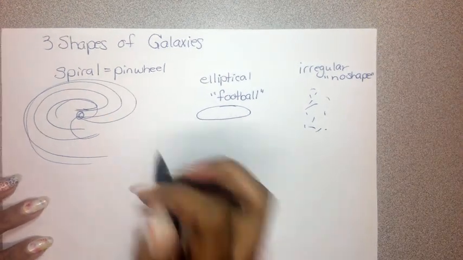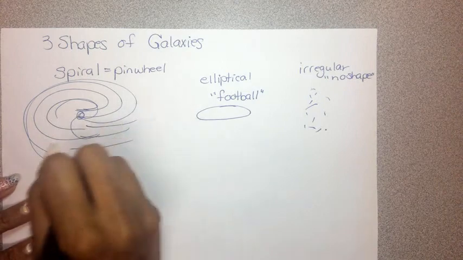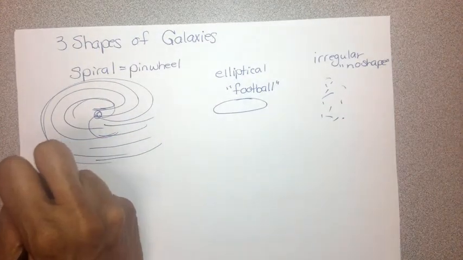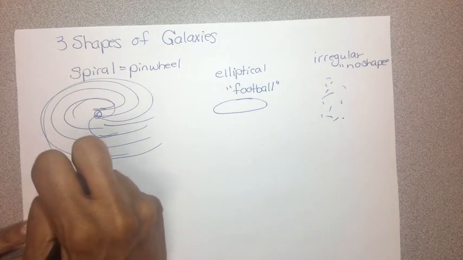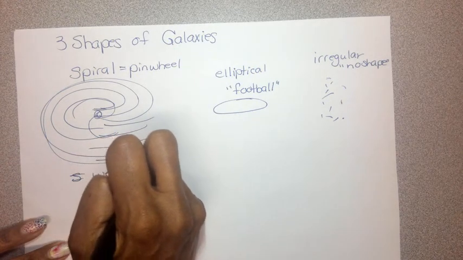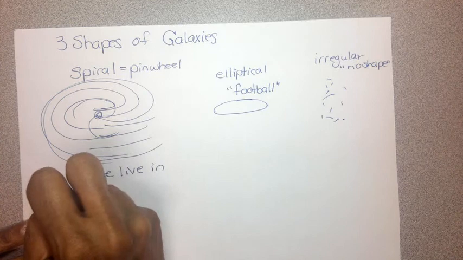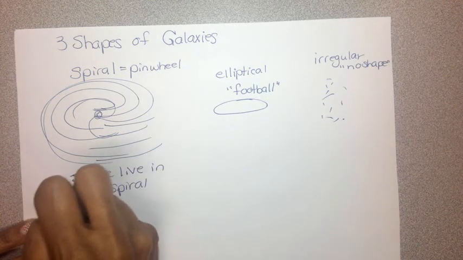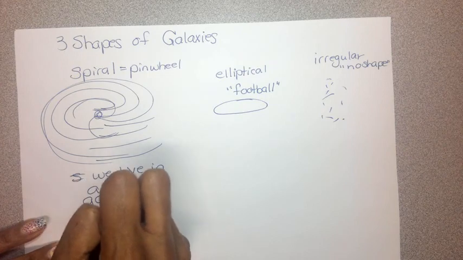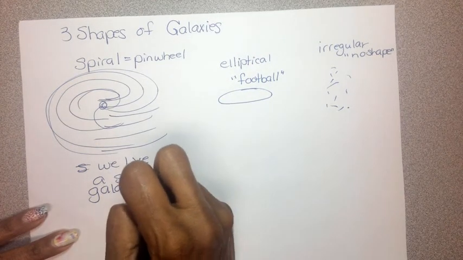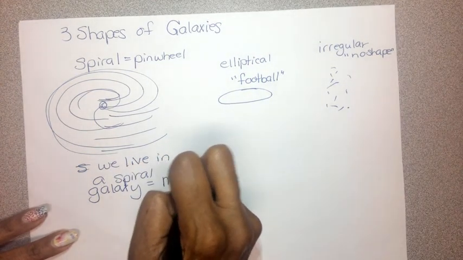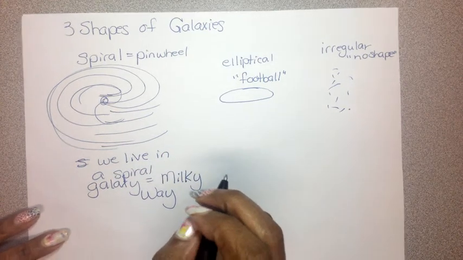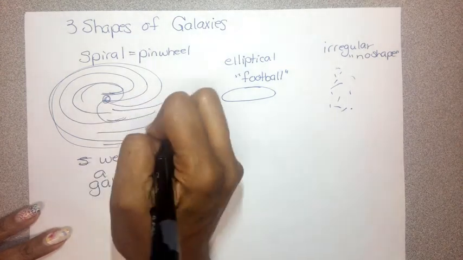The main thing you need to know about the galaxies is that we live in a spiral galaxy. Of course, our galaxy's name is the Milky Way, and our solar system is located on an outer arm.